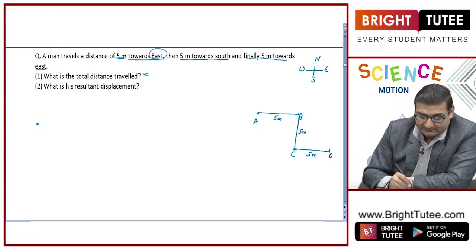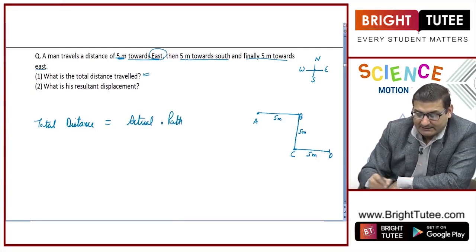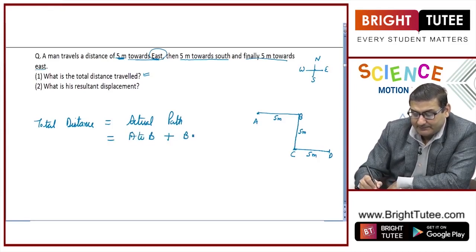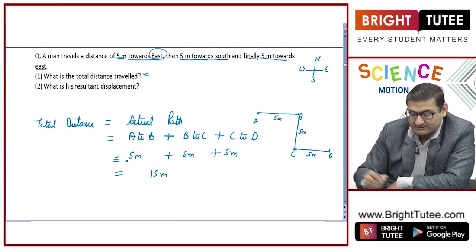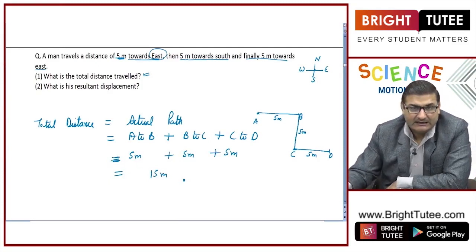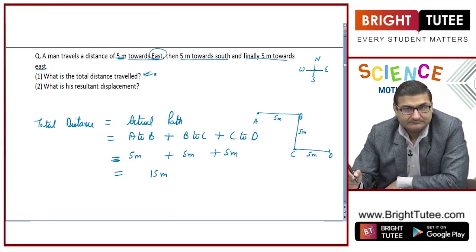We know that the total distance is equal to the actual path covered by this man, and the actual path he has covered is from A to B, plus B to C, plus C to D, which is 5 meters plus 5 meters plus 5 meters, which comes out to be 15 meters in totality. This is our answer of the first part of this question, that is the total distance travelled.